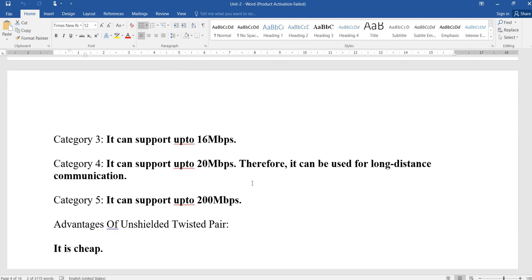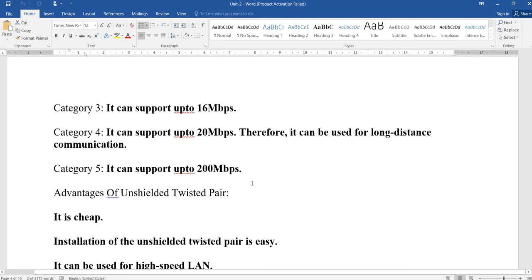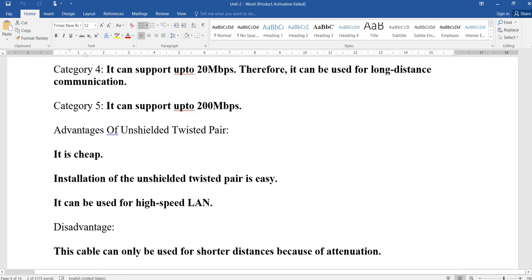Category 4 can support up to 20 mbps, therefore it can be used for long distance communications. And category 5 can transmit up to 20 mbps, and category 6 up to 100 mbps or something like this. Okay, so based on these categories, we can transmit data.